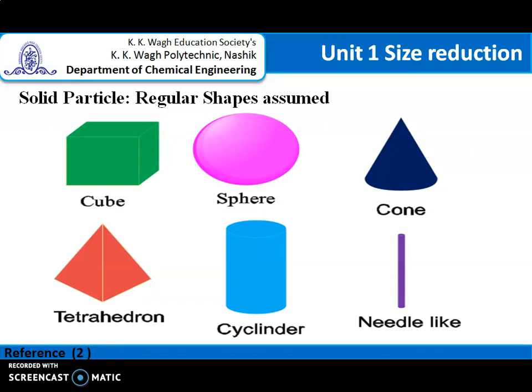Now let us try to understand what the regular shapes are which we often deal with. The first one is cube, another one is sphere, third one is cone, fourth one is tetrahedron, then cylinder and needle-like.